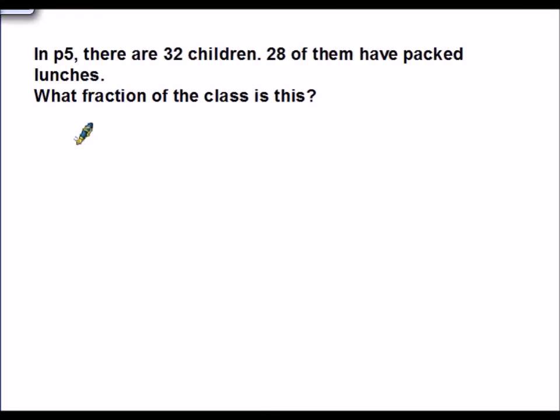Here's another quick example, one that I've made myself this time. So in P5 there are 32 children, 28 of them have packed lunches. What fraction of the class is this? So we know that 28 out of 32 have packed lunches. And that is a valid way of writing it, but it's not especially simple.